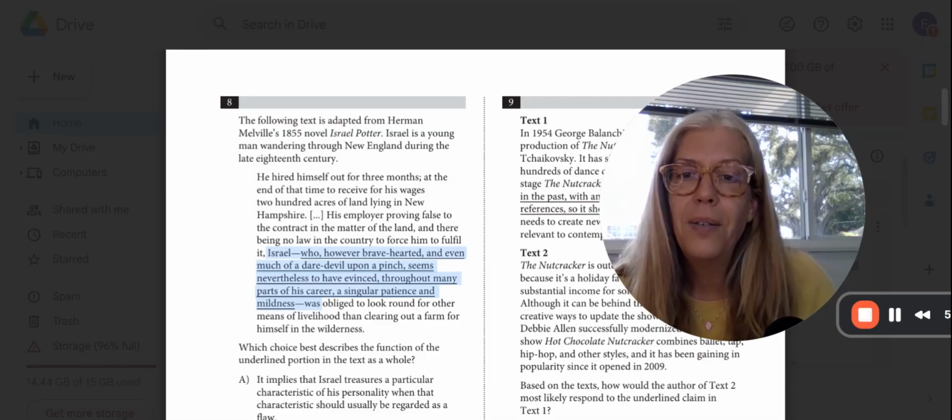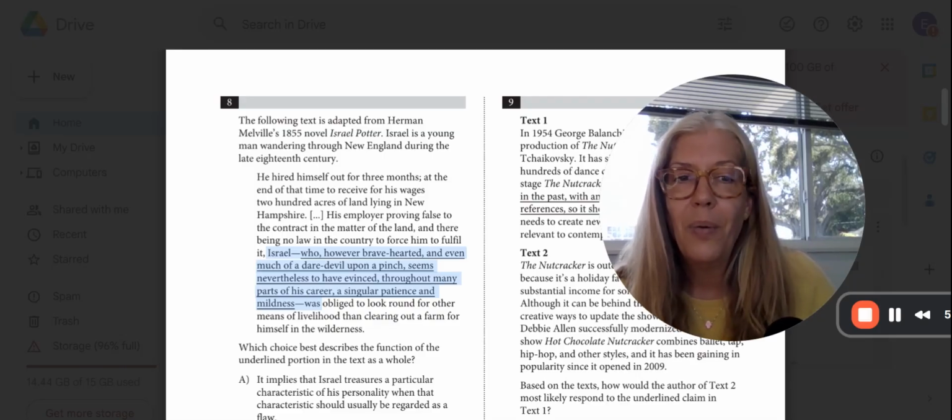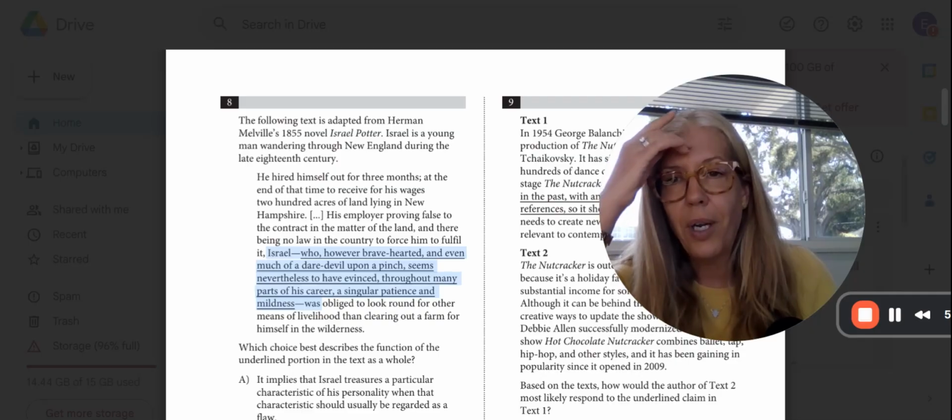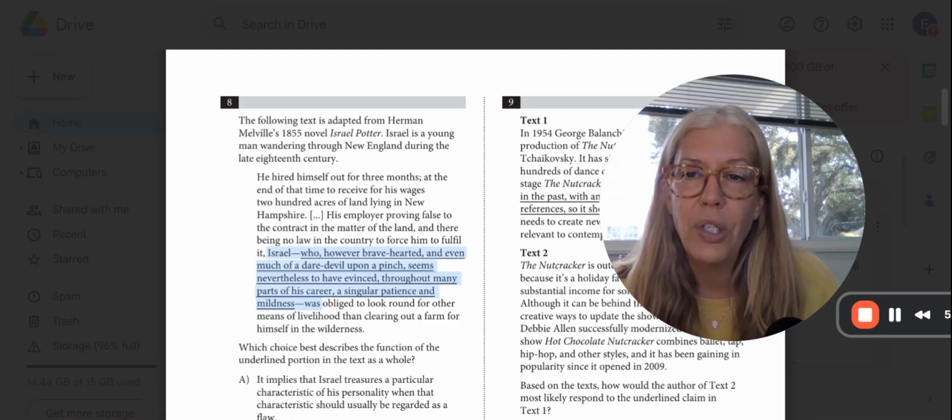In case, remember I said that an em dash is yapping about the subject just before it? You might have questioned, but Israel is a person wandering through New England during the late 18th century. He hired himself out for 3 months, at the end of that time to receive for his wages 200 acres of land lying in New Hampshire. Ooh, beautiful.